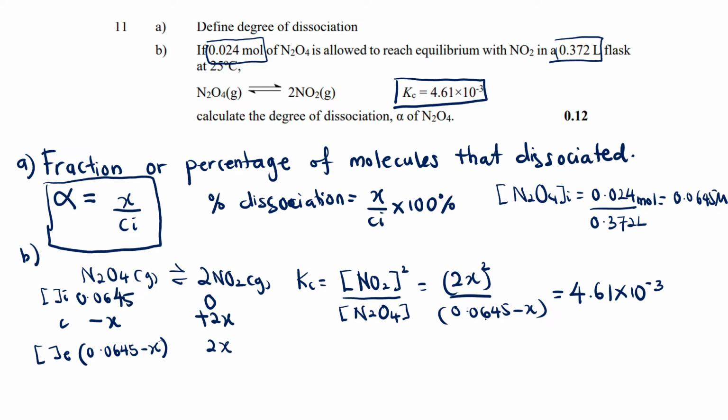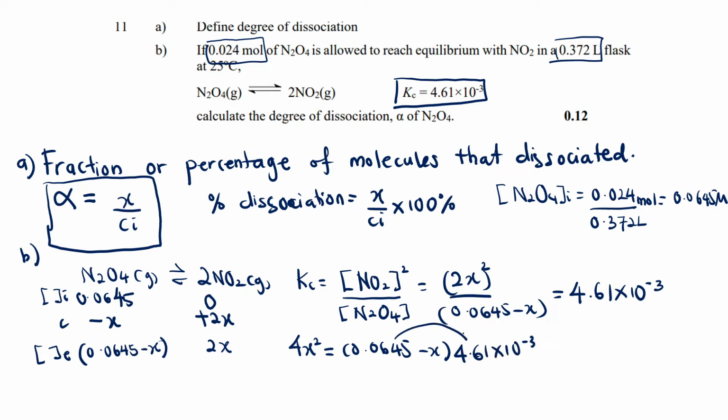So bila kita expand this equation, this one dia akan jadi 4x square equal to 0.0645 minus x times 4.61 exponential negative 3.